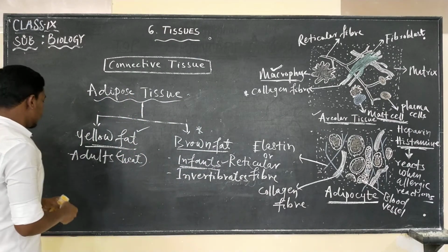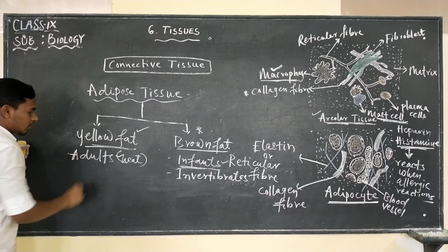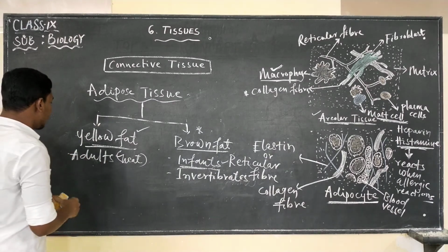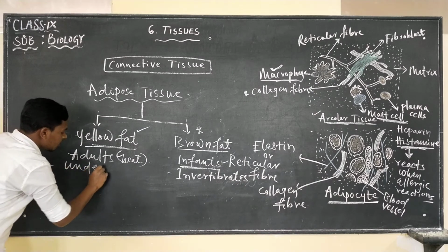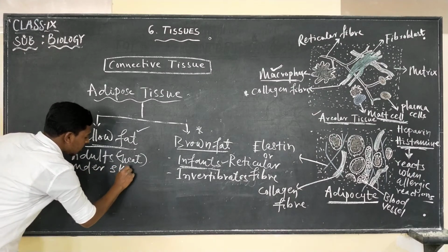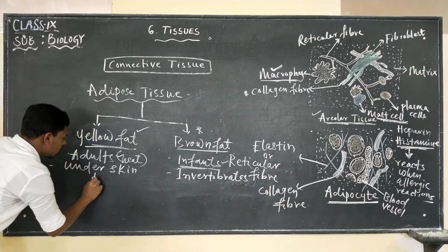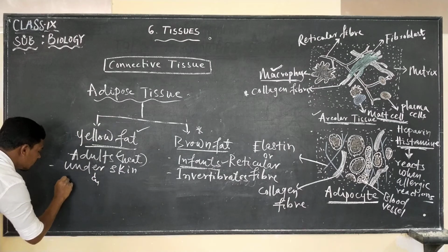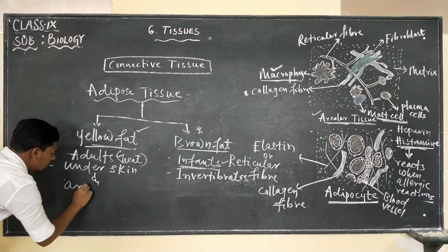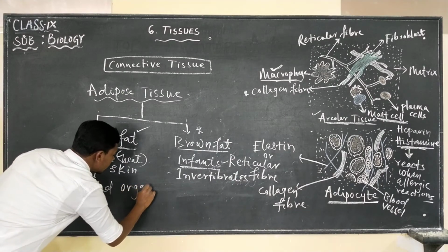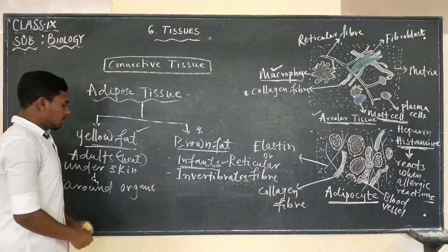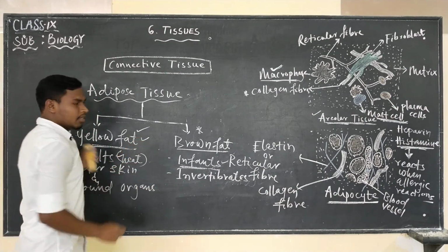Yellow fat is found in adults, under the skin, and even around important organs. So this fat protects.